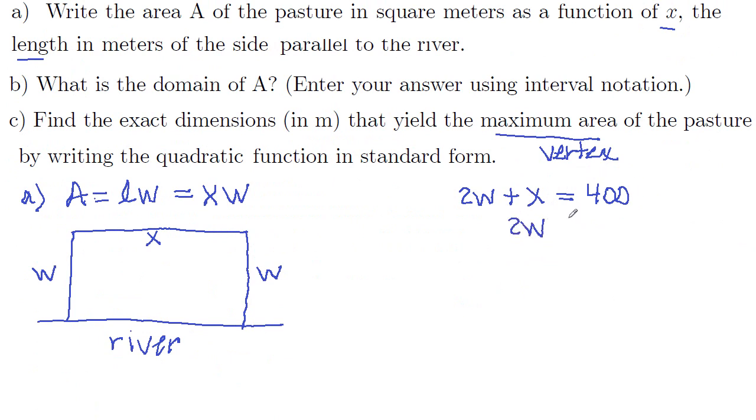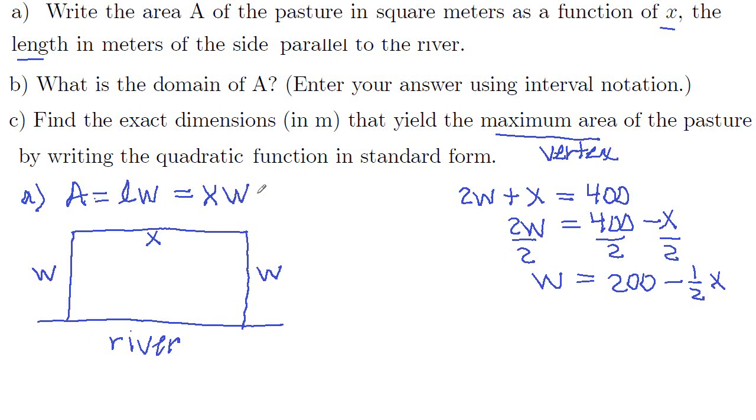So 2w will be 400 minus x. And then divide both sides by 2. So our width will be 400 divided by 2, 200, minus x over 2, or 1/2 x.